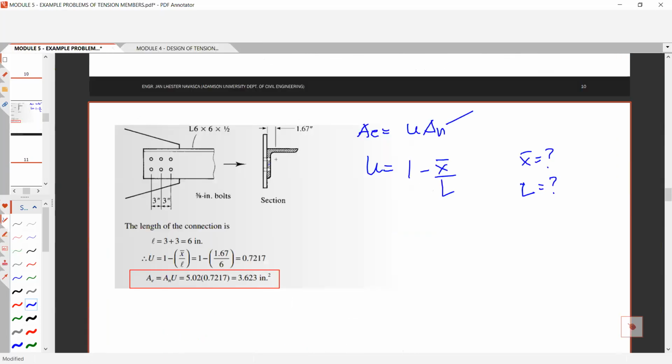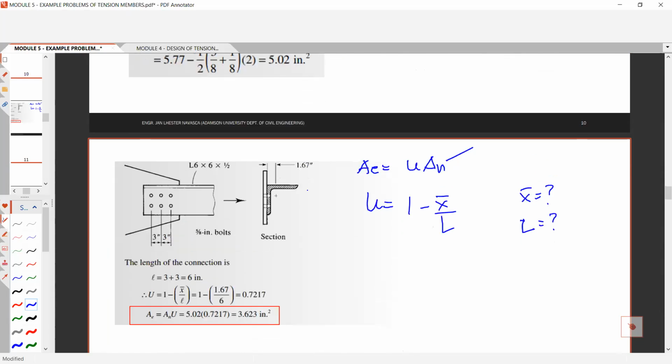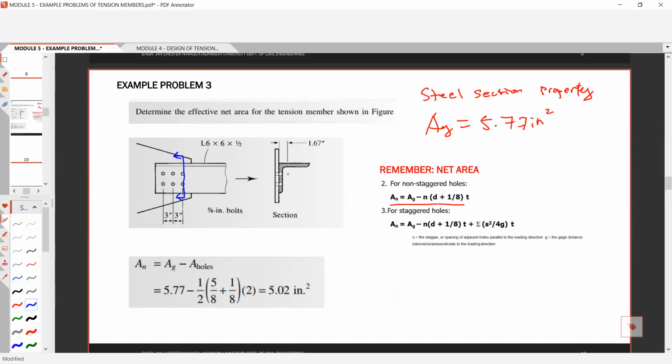Okay, this one. So, I have not stated the properties yet. If you check the properties of our L6 by 6 by 1/2, the centroidal distance of L6 by 6 by 1/2 from the bottom of the angle bar is 1.67 inches.